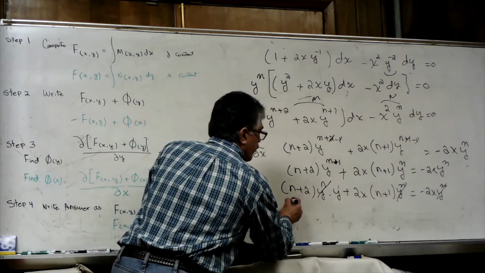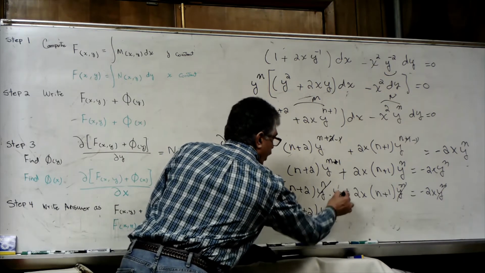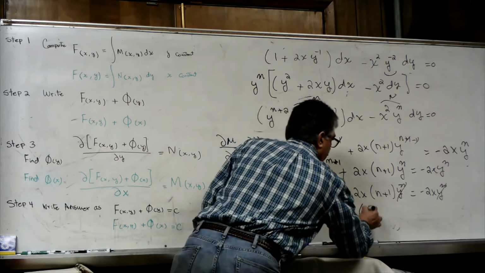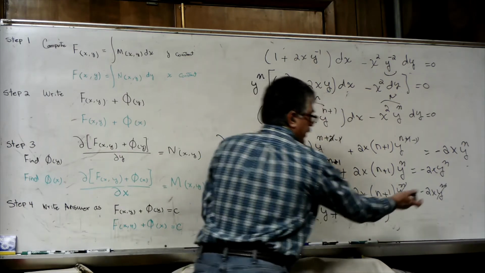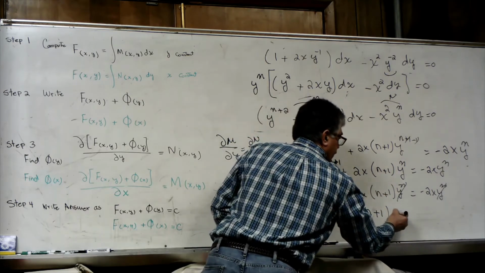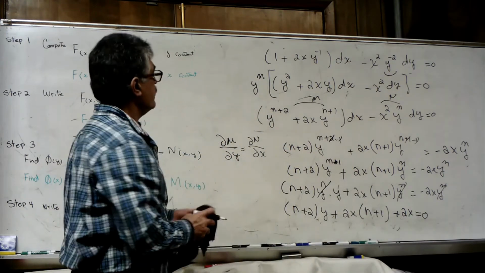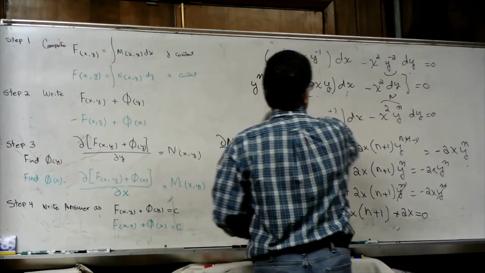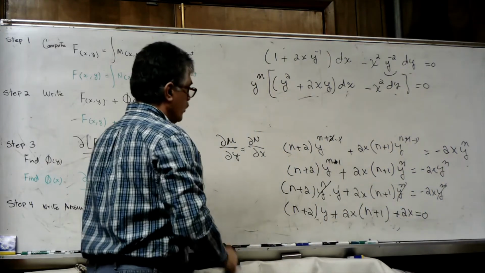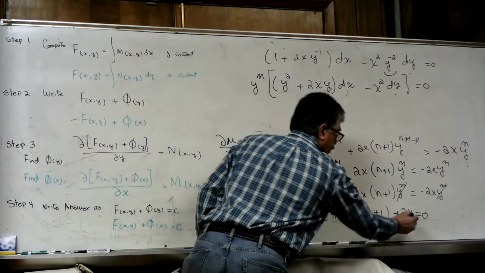So we are going to have n plus 2 multiplied by y plus 2x multiplied by n plus 1, and let's bring minus 2x to the left side, which will be plus 2x, equal to 0. So in here, let's go ahead and factor these 2x.